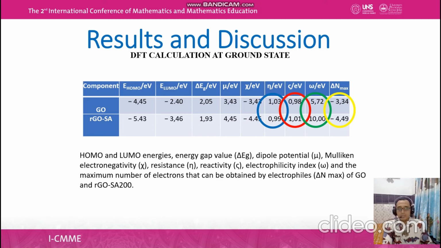Thus, the lower resistance value of RGO SA, 1.1 electron volt, than GO, 0.98 electron volt, indicated a greater affinity for change in the number of electrons.